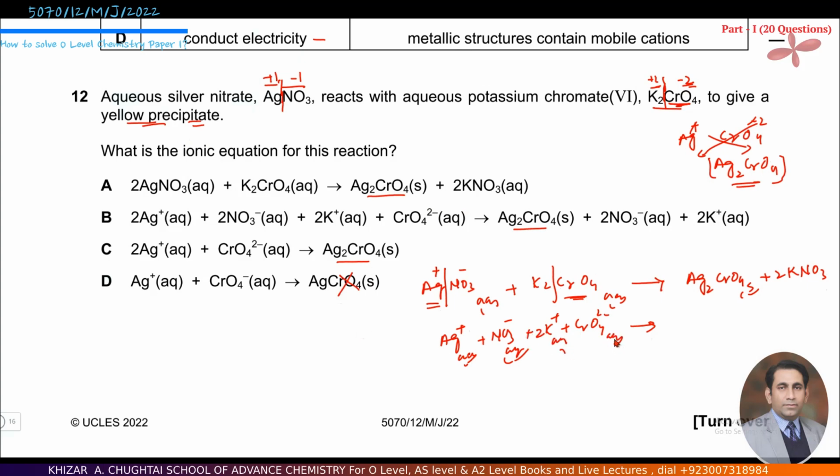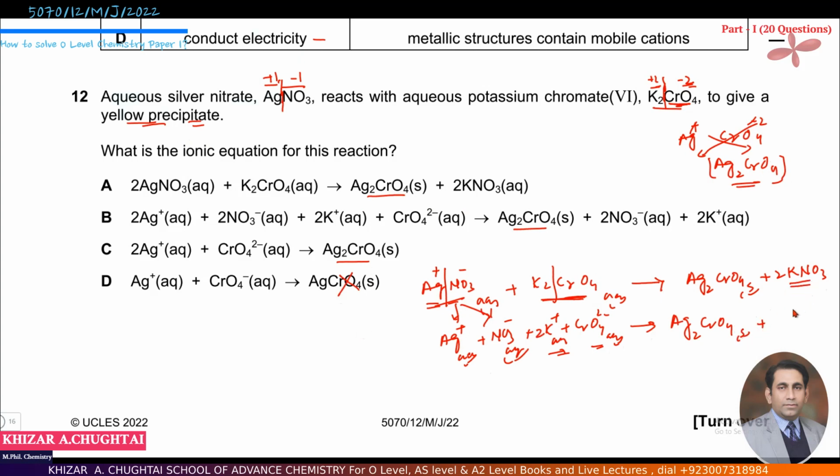I change the soluble compounds into their respective ions. Silver nitrate makes 2 ions, and I'm reporting them here. Potassium chromate makes 2 types of ions, and I'm also reporting these ions here. On the right hand side, Ag2CrO4 does not make any ions because it is a solid.